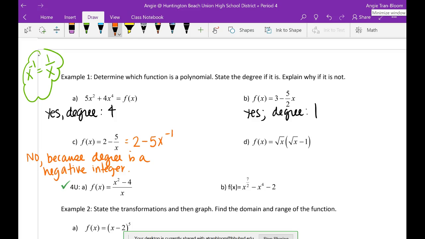Okay. All right. D for dog. No. How can you tell? An exponent is a fraction? Okay. Can I FOIL that? What if I FOIL?